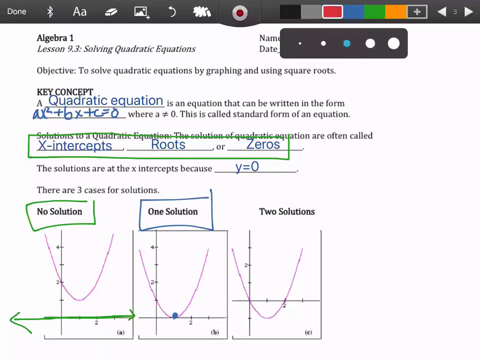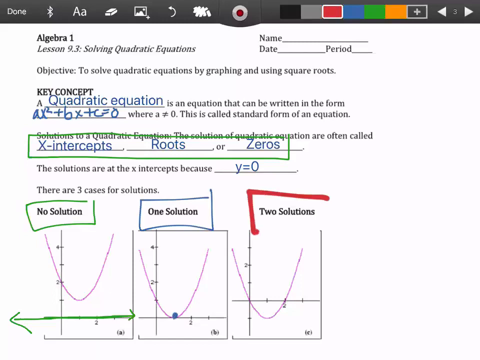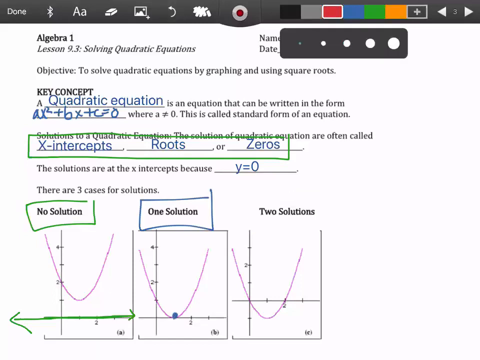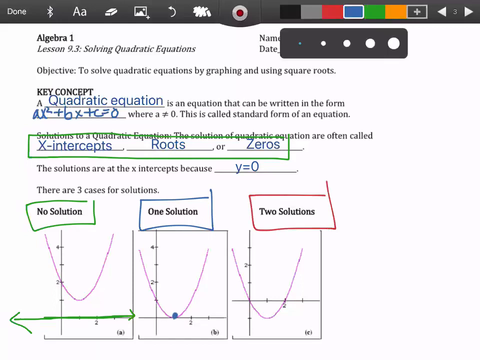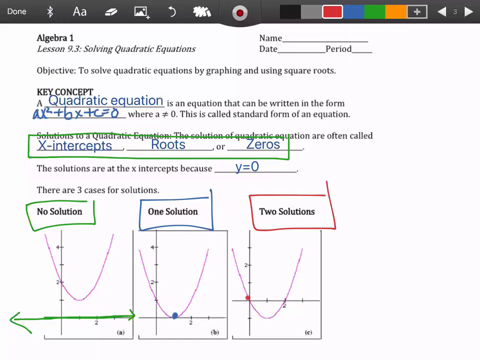The third possibility, and what will occur most often, is two solutions. That is when we cross the x-axis twice. So we cross the x-axis here, and then we cross the x-axis again. As we already said, we are looking where the graph crosses the x-axis.